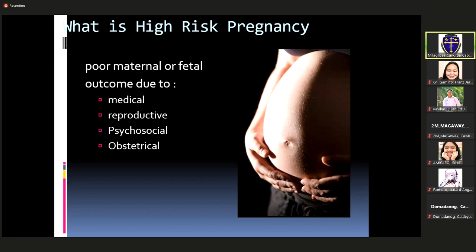And other medical problem would be your PIH, no? Somehow, this would have a poor maternal or fetal outcome if left untreated.